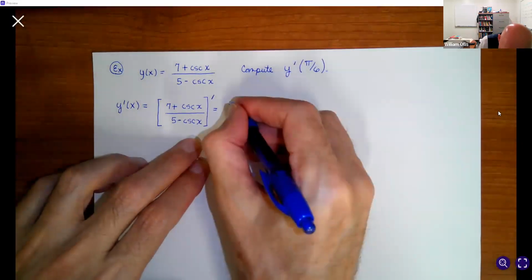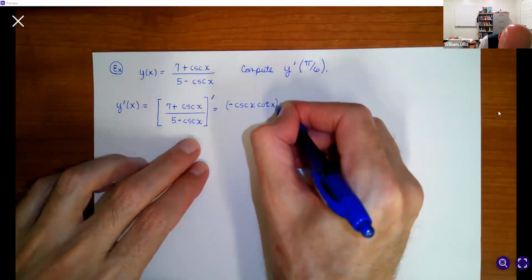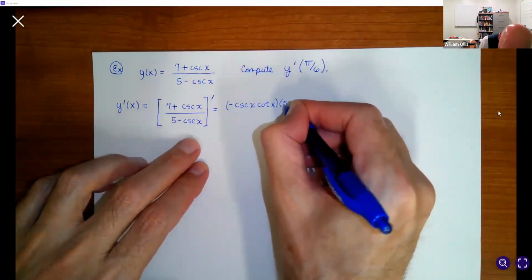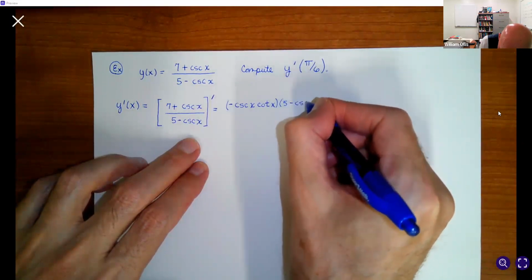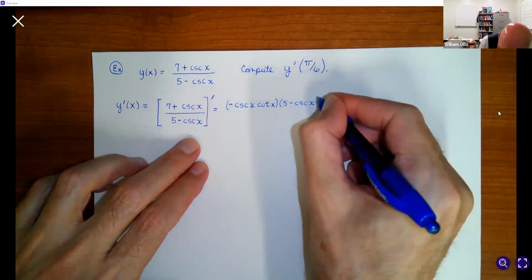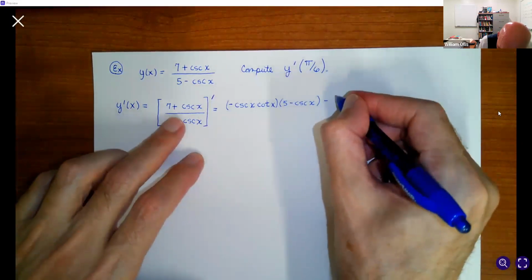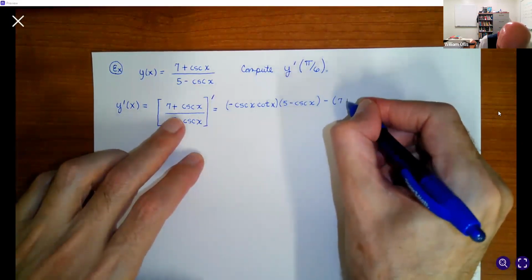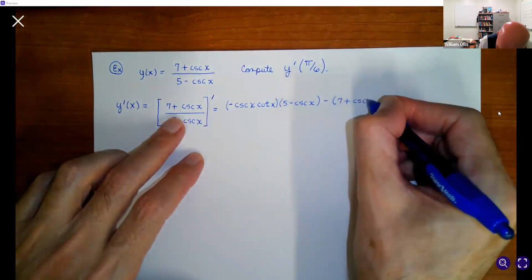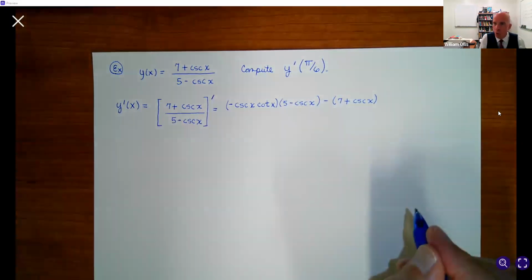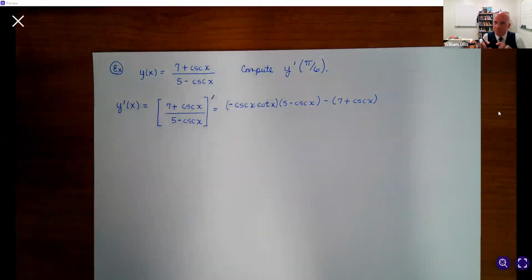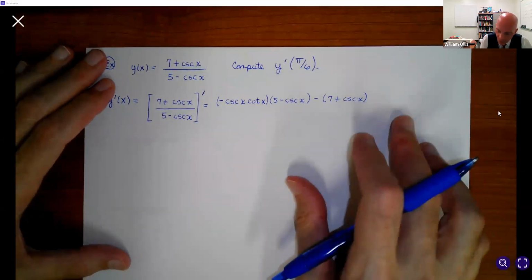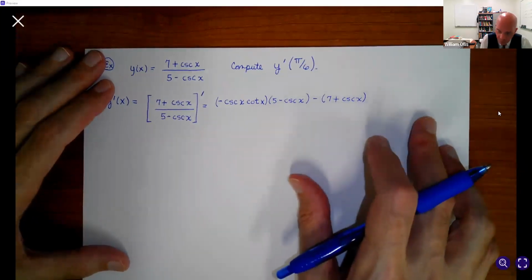And this would be times the denominator, which is 5 minus cosecant x, minus, now we have the numerator, 7 plus cosecant x. So this is really what we call court reporting. We're just typing everything and doing a lot of repetitious writing, but it's okay.